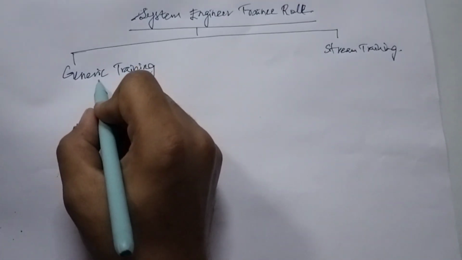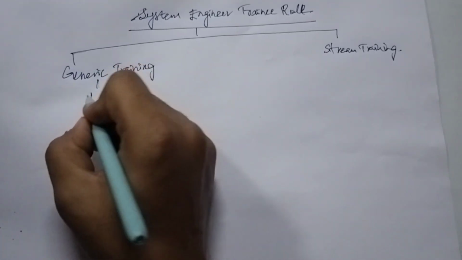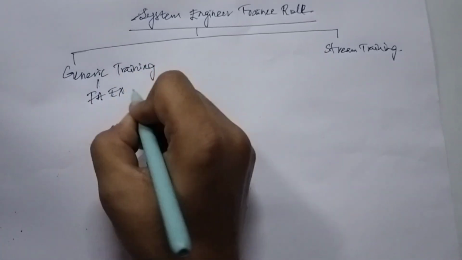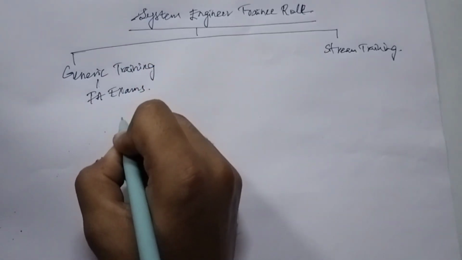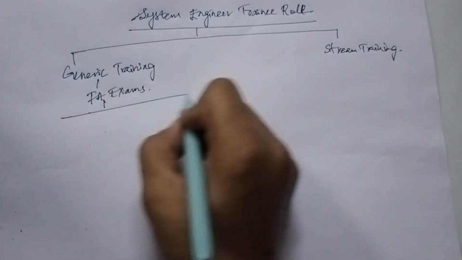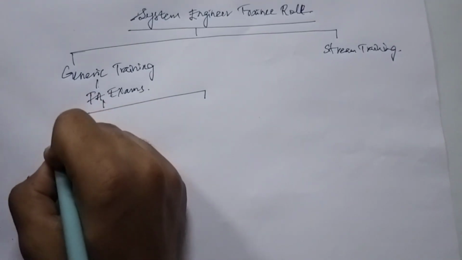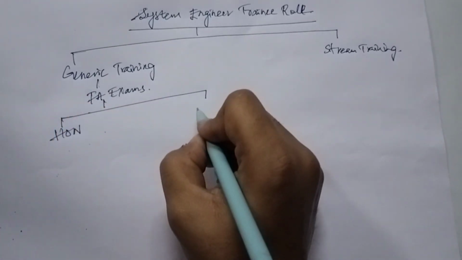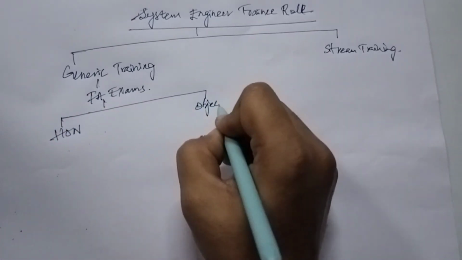In generic training, they will conduct the FA exams, focus area exams. These FA exams are divided into two parts, a hands-on part and an objective part.